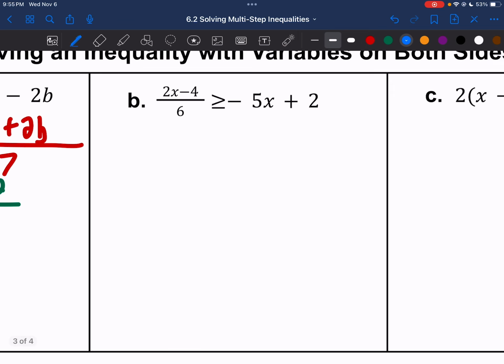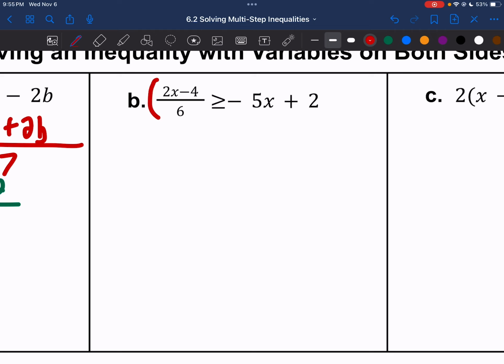Okay. Letter B. We start off with this one. I've got 2x minus 4 over 6 is greater than or equal to negative 5x plus 2. Well, I could distribute, but then I'm dealing with subtracting 2/3 and doing that as an opposite operation. That's kind of a mess.